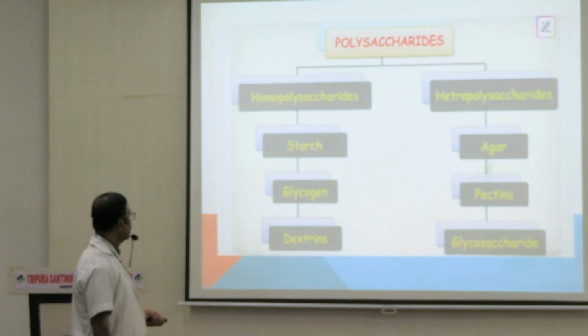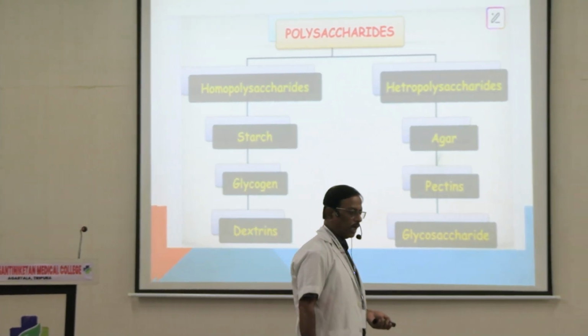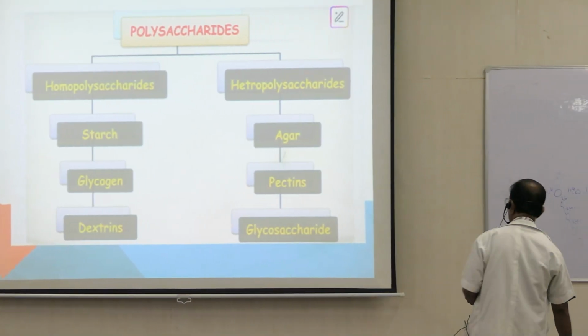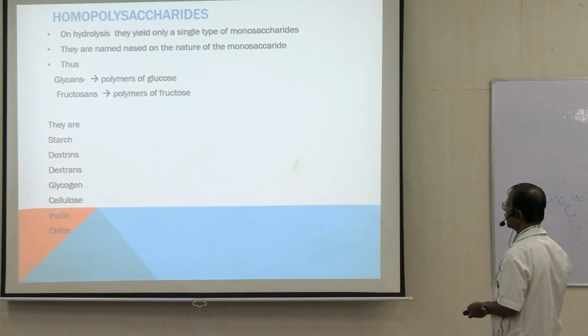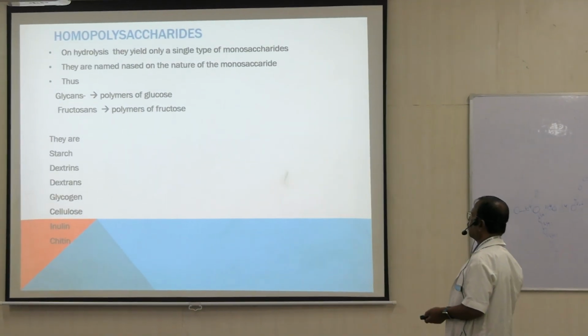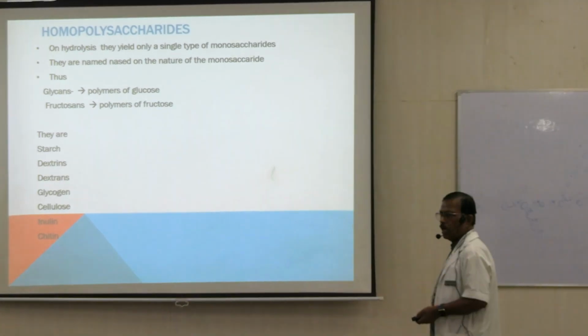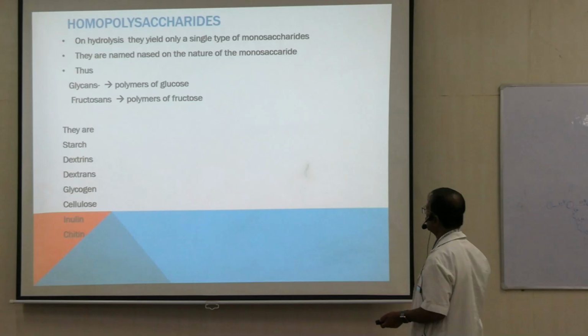When starch is partially hydrolyzed, it forms dextrin, acrodextrin, and so on. Homopolysaccharides on hydrolysis yield only a single type of monosaccharide. They are named on the nature of the monosaccharide.